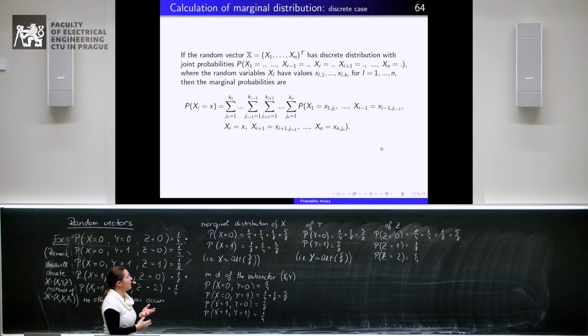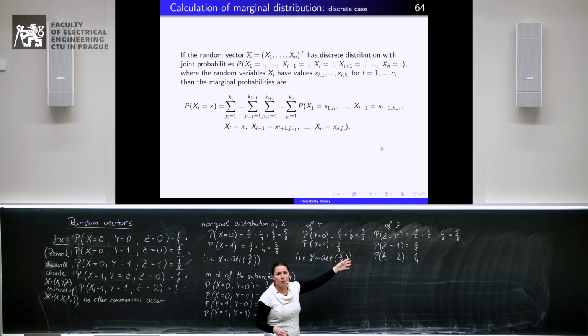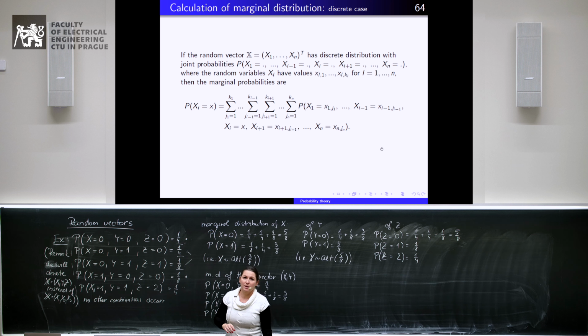Yeah? So what does it mean practically? Practically, it means that maybe the bank is interested in what is the ratio of men and women among its clients, or what is the distribution of the education among the clients, and so on.